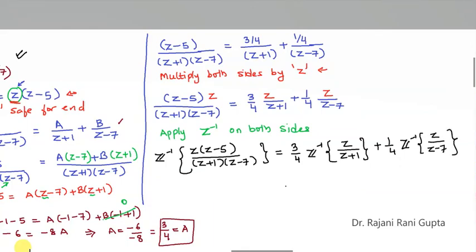So this is nothing but 3 over 4. For this term we get minus 1 to the power k, plus 1 over 4. The second term gives you 7 to the power k.